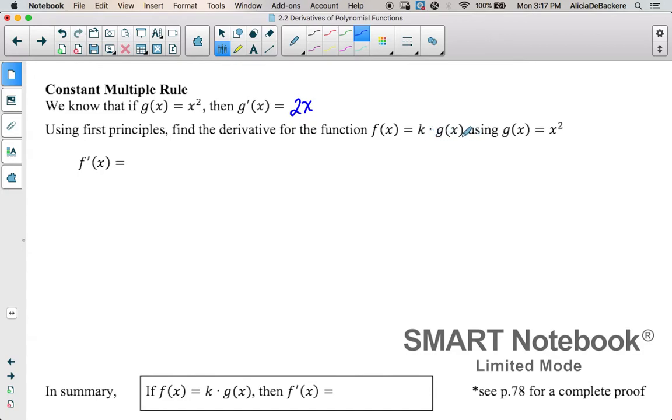So in this case, again, I'm not technically proving this because I'm going to use the specific function x squared instead of a generic g at x. So if I'm saying that f at x is k times g at x, then f at x here is going to be k times x squared. So that's what I'm using for this proof.